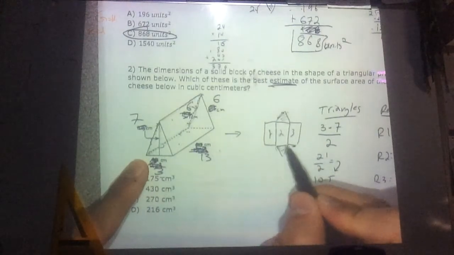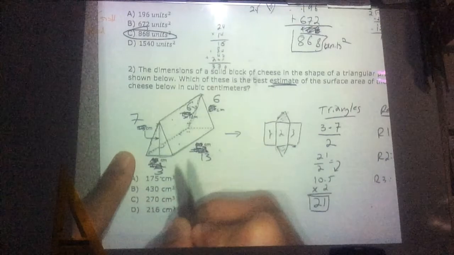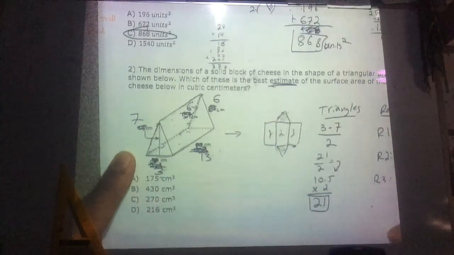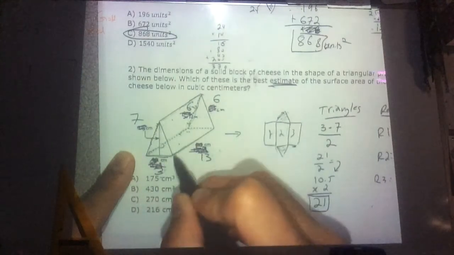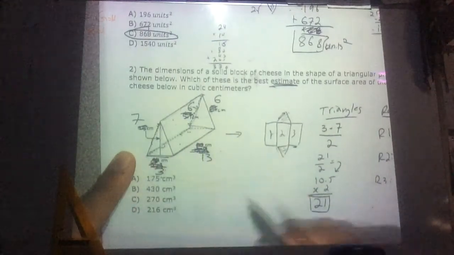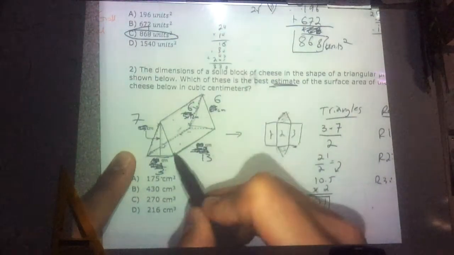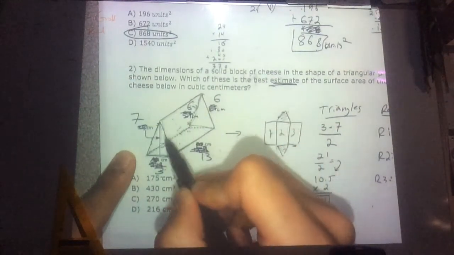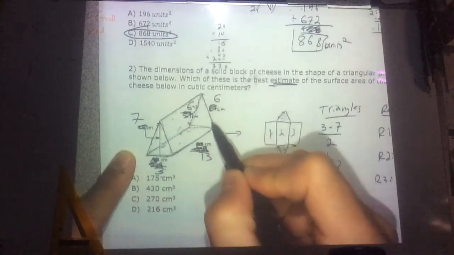Now I'll do the one in the base, or the one at the bottom, which is this here. So it's 13 by 3. I'll point out the rectangle I'm doing is this one, here, and here. And finally, I'm doing the one in the front here. I don't know this, but I do know this one here.